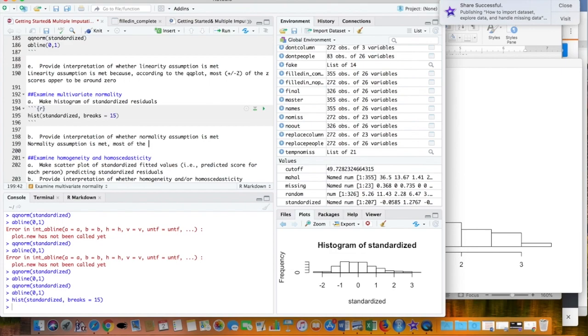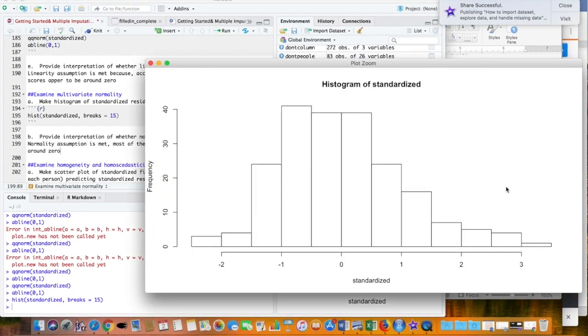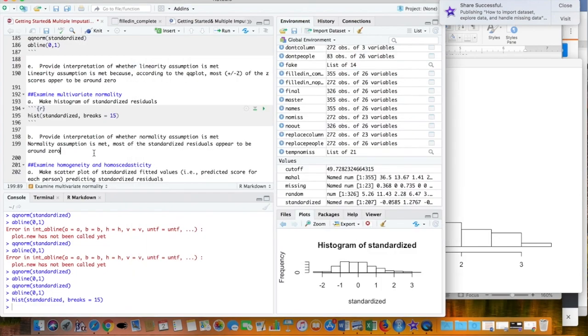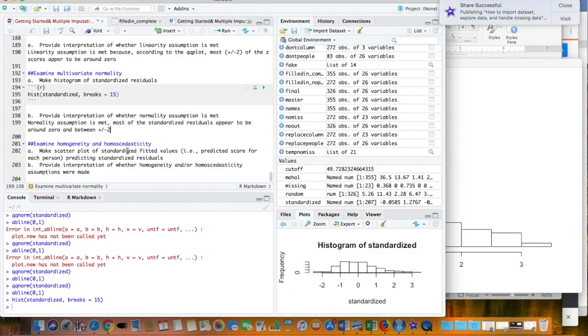Most of the standardized residuals appear to be around 0, and between plus minus 2. Plus minus 2, plus minus 3 is the range that we're looking for, and we want most of them to be close to 0. All right.